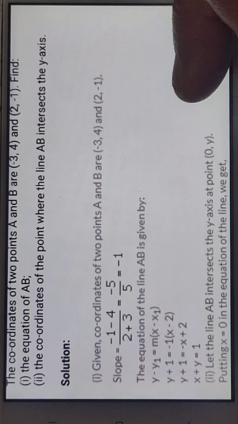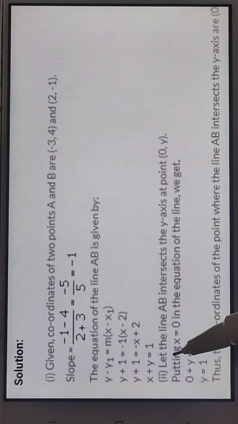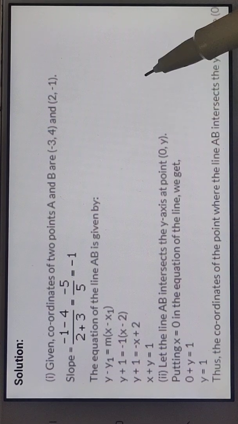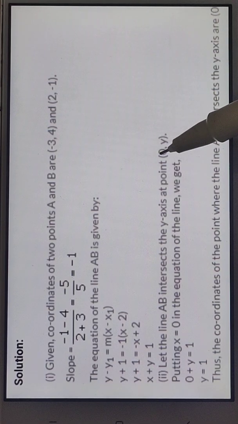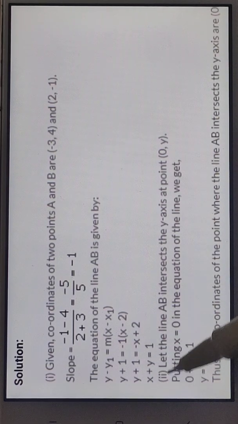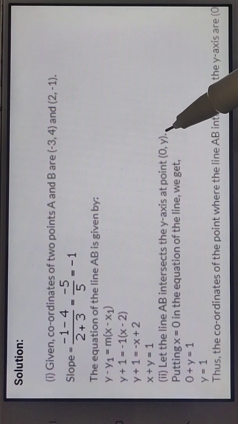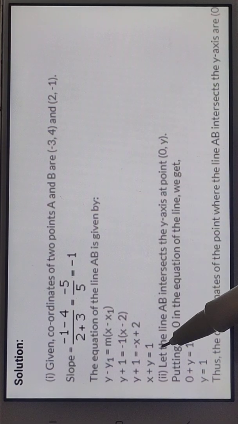So it will be like this: let the line AB intersect the y-axis at point 0 comma y. As I told you, the abscissa will be 0, and the ordinate part we can take as y. And now because we know the equation of this straight line, and this point is a part of this line, this point is going to satisfy the equation of the line.